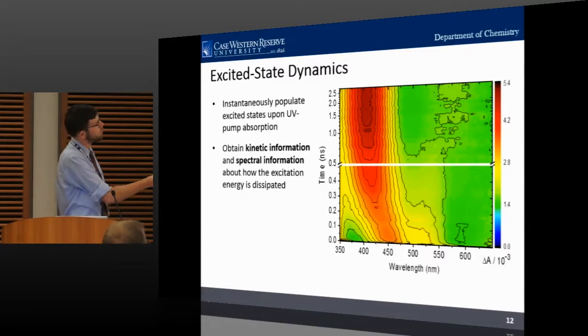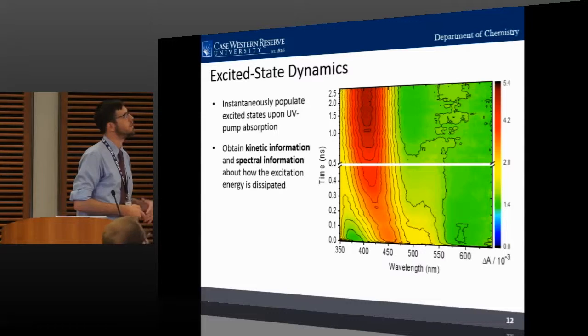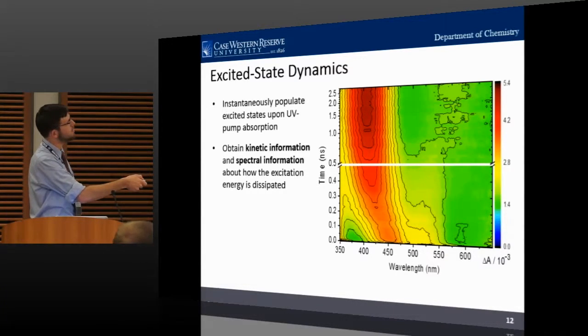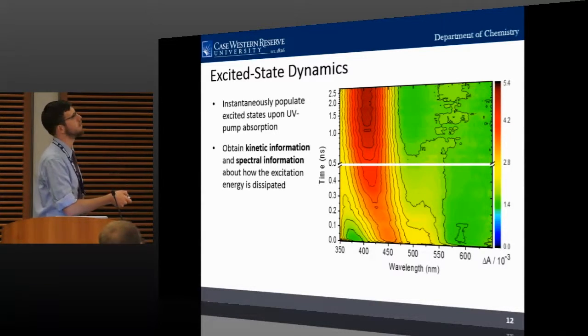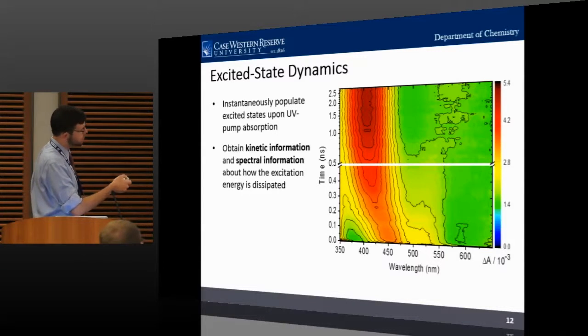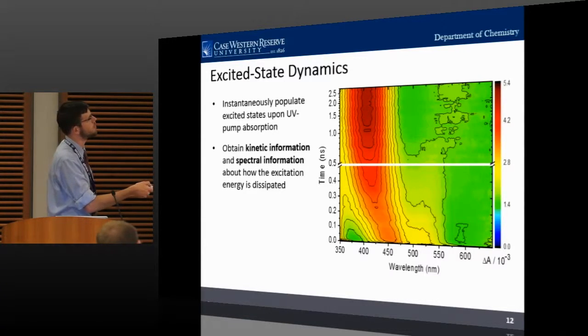So this is the typical type of data that we get as a contour plot, where we're seeing wavelength on the X, time on the Y, and then absorption intensity as the color, with red being the highest. We can see that when we pump the sample, it instantaneously goes to the excited state. So at time 0, we're already seeing these signals of excited state absorption.